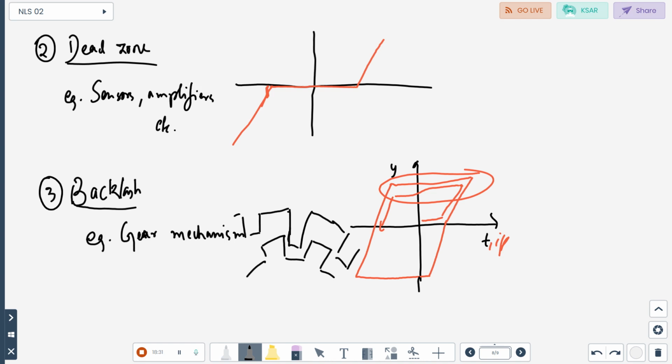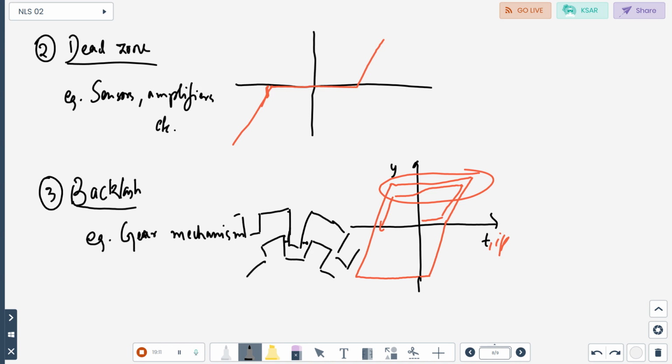Since these discs are locked with each other and are rotating, for some interval of time during the motion of the upper gear's teeth in the slot of the lower gear, there will be no change in the output with respect to the input.